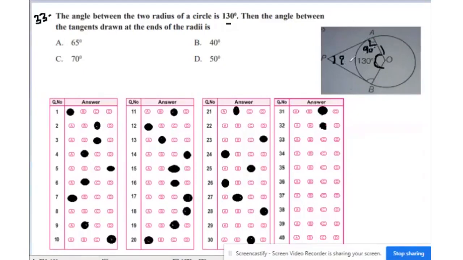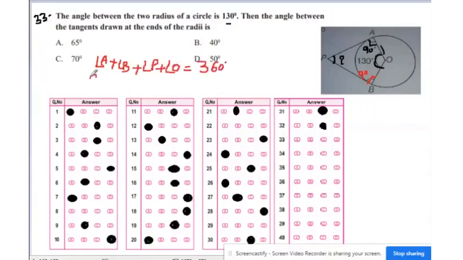So this angle will be 90 degrees, and angle B will also be 90 degrees. The reason is radius and tangents are perpendicular to each other. So based on the angle sum of a quadrilateral, angle A plus angle B plus angle P plus angle O should be equal to 360 degrees.